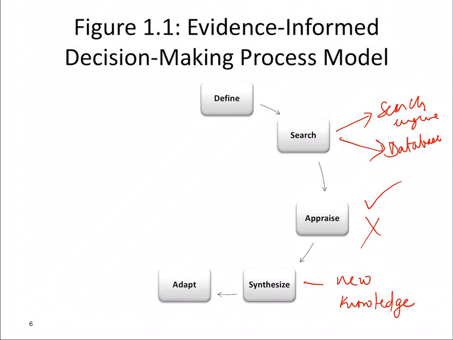Once you have created new knowledge, you've synthesized information, it's one thing to do that, and an entirely different thing to apply it. You may need to ensure that you're not contravening regulatory guidelines. You may need permission or supervisory oversight to put your plan into play. The evidence-based information that you discovered may need to be tweaked or adapted before you can go to the next step, which is implementation.